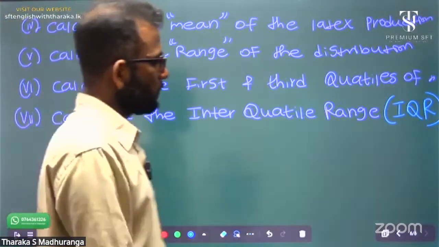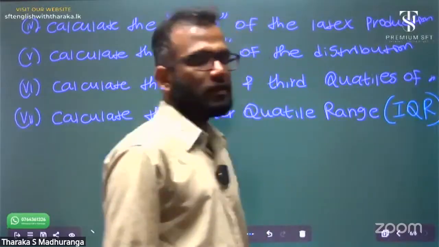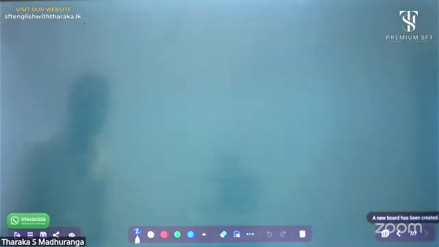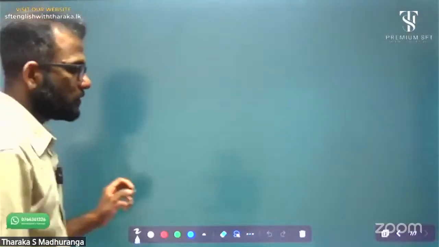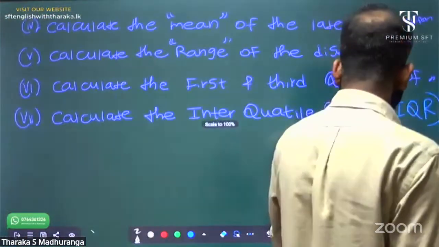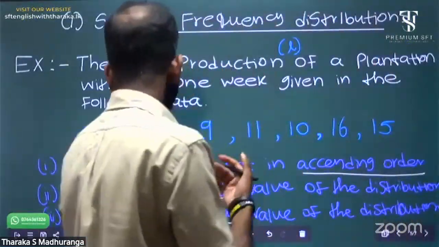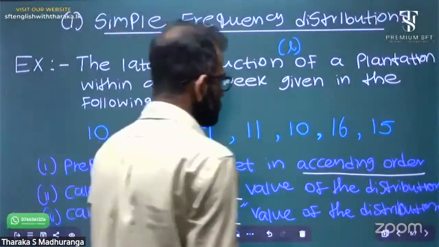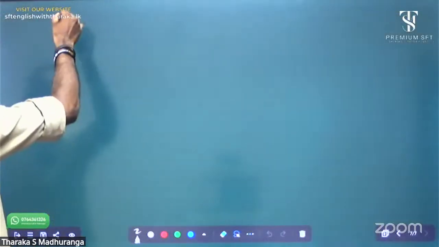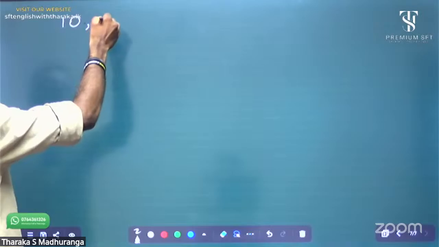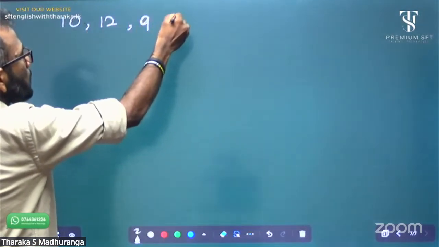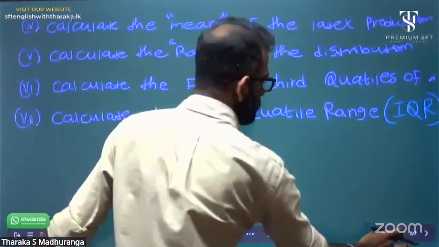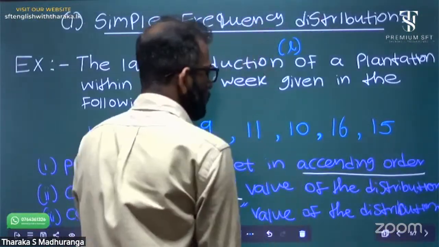Okay. Go to the first question. Before the first question, I will write down the distribution again: 10, 12, 9, 11, 10, 16, 50.